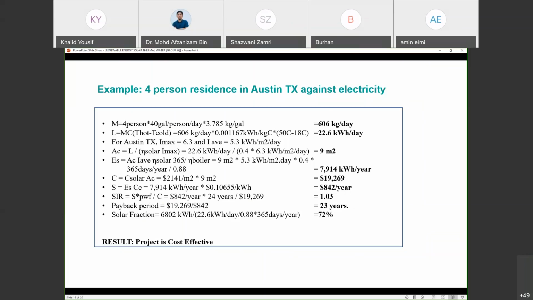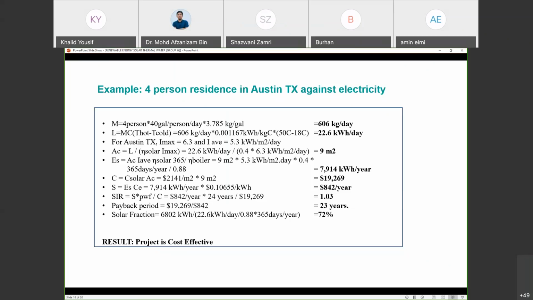For the conditions of Austin, Texas, the I max is 6.3 and I average is equal to 5.3. And the collector area will be 9 square meters. For the annual energy saving, we get 7,914 kilowatt-hour per year.